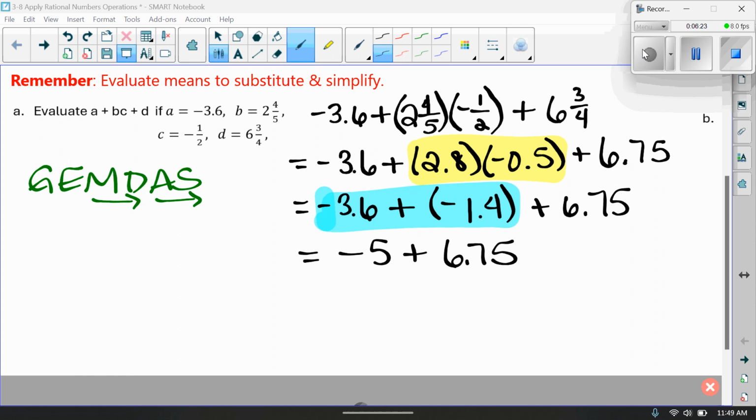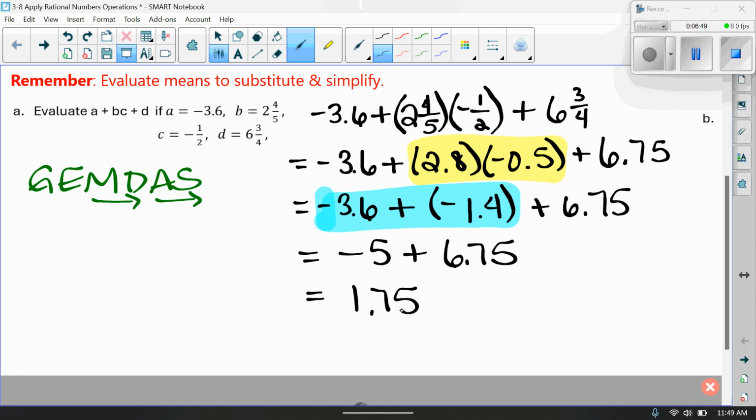That means we want to subtract the digits and take the sign of the bigger number. So when we subtract those digits, we get 1.75. And if you need to put it in your calculator, that's fine, but that's minus 5 here. So this is going to be a 1.75. And the bigger number is 6.75, so it's going to be a positive. So this is a positive 1.75.